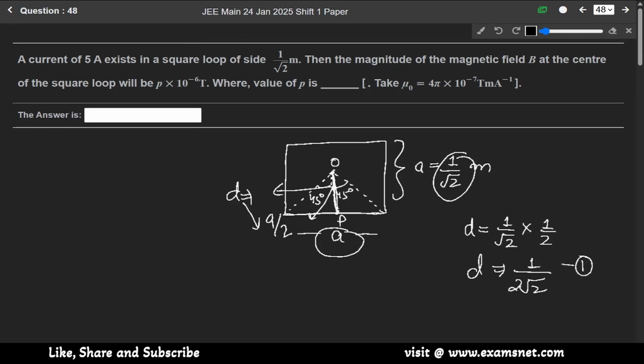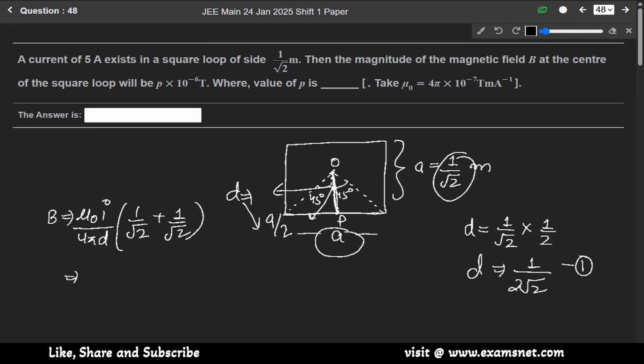Now we have to find the magnitude of the magnetic field. We know that for such cases the magnetic field is given by mu naught I over 4 pi d into cos 45 plus cos 45, which means 1 by root 2 plus 1 by root 2.